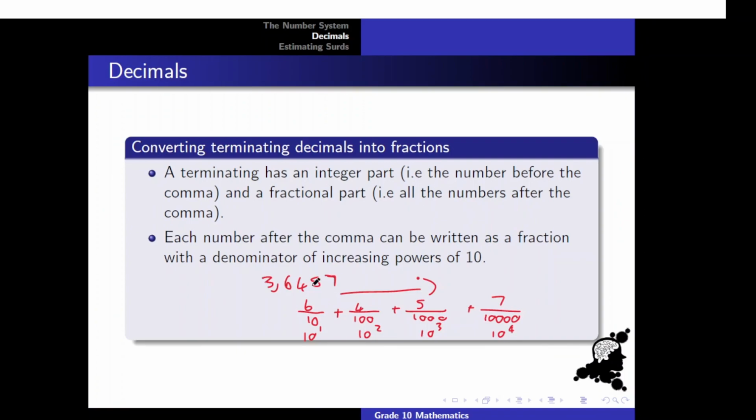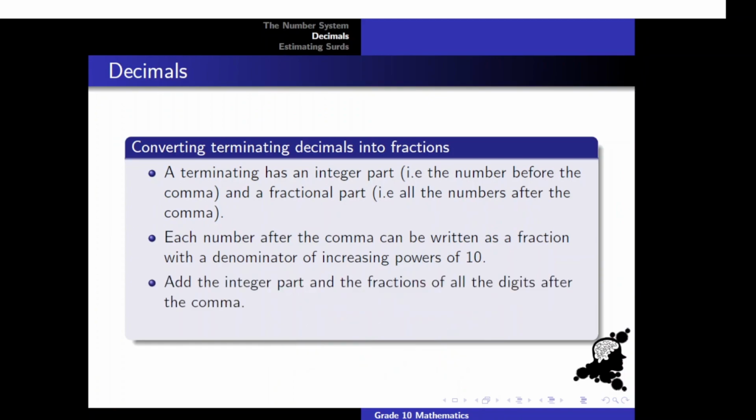Let's look at a quick example. If I have, let's say, 0,25, a simple example, I can write the fractional part as 2 over 10 plus 5 over 100. Please take note of this. We can add the integer part and the fractions of all of the digits after the comma.